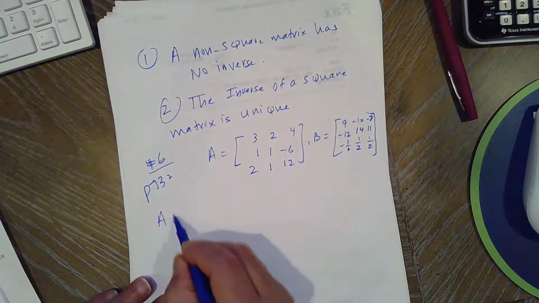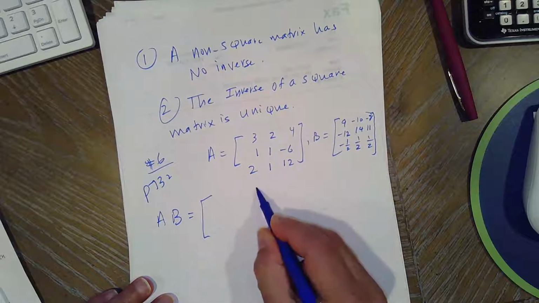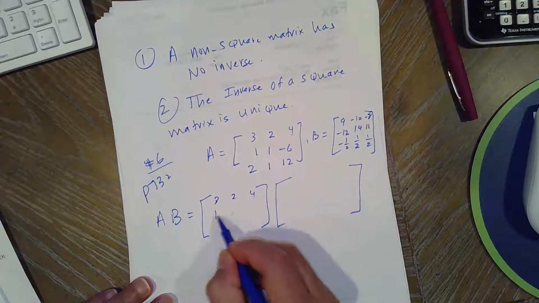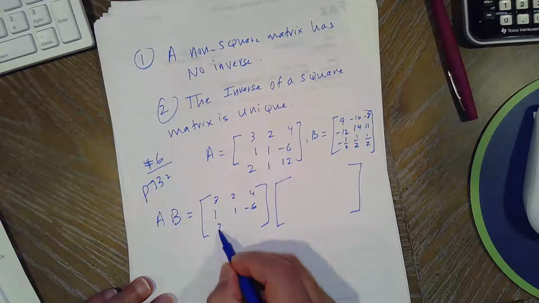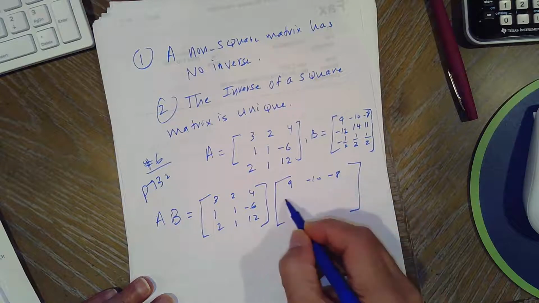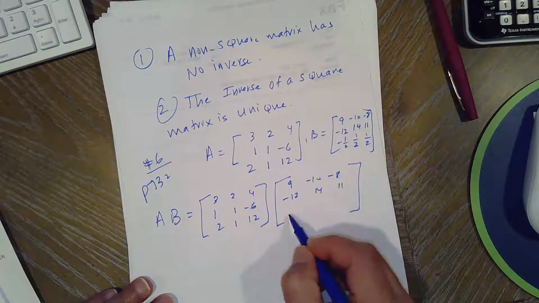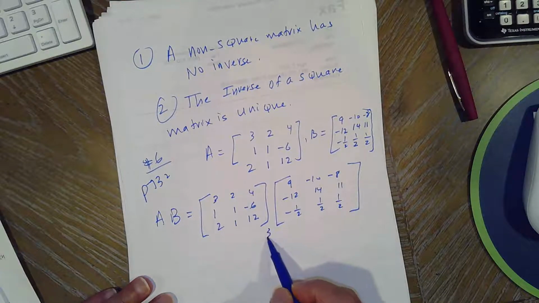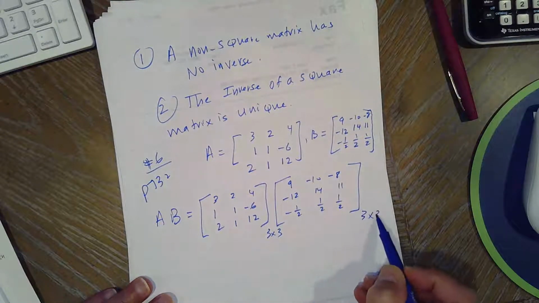So let's find AB. I'm going to do matrix multiplication, and at the end you can check with your calculator. So we take 3 by 3 times 3 by 3, we're going to get 3 by 3.